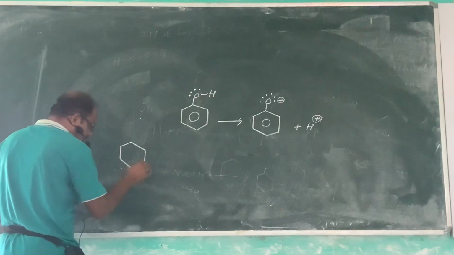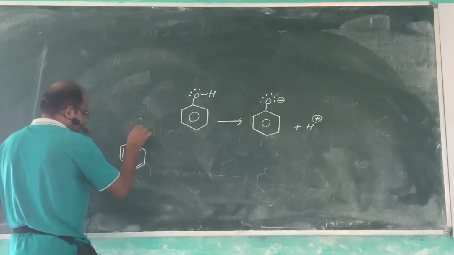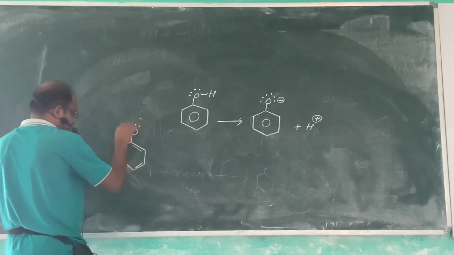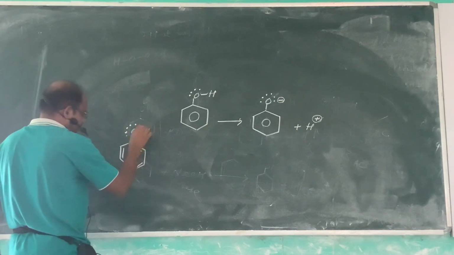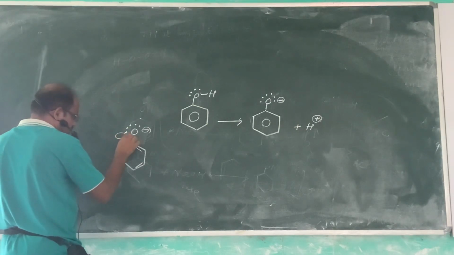Let us consider the resonance for phenoxide ion. For phenoxide ion, we can write a number of resonance structures like this.